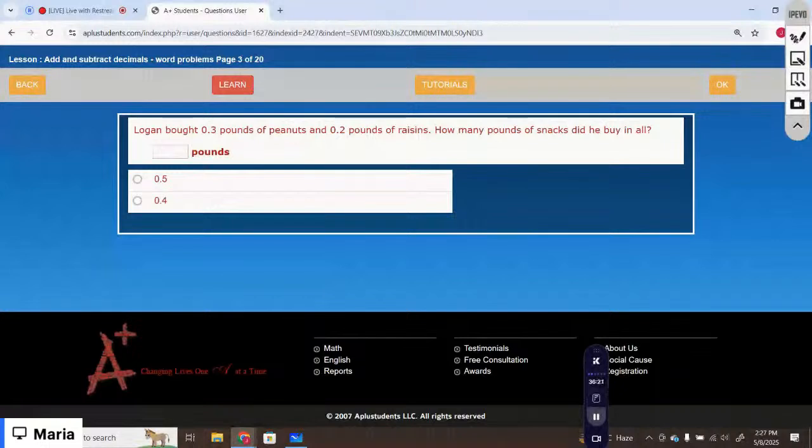Logan bought 0.3 pounds of peanuts and 0.2 pounds of raisins. How many pounds of snacks did he buy in all? You need to add.